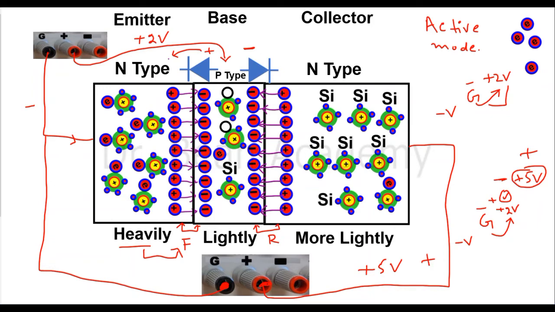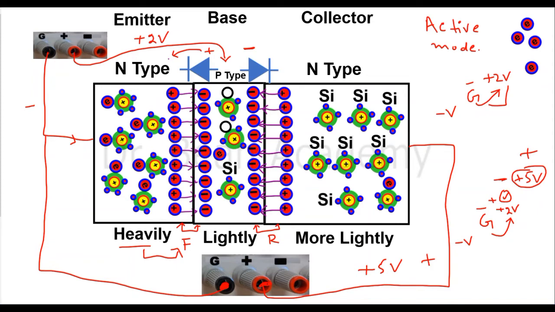Because this junction, the base and collector junction, is in reverse bias mode, right? We know that the n-type side of the collector is connected to the positive terminal, and the base, now acting as the negative terminal, is connected to the p-type. So this is in reverse bias mode, so no current can go through the junction.